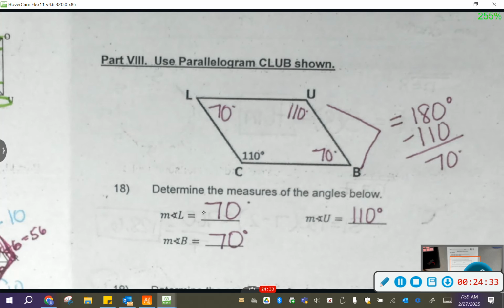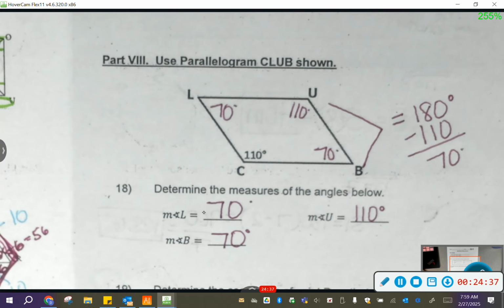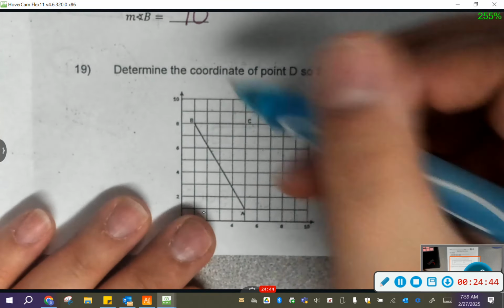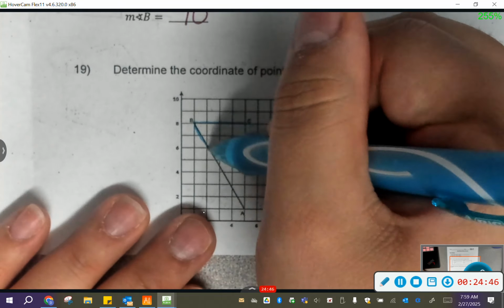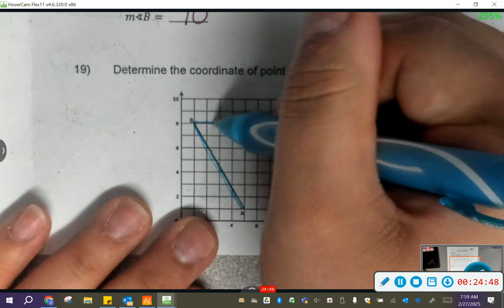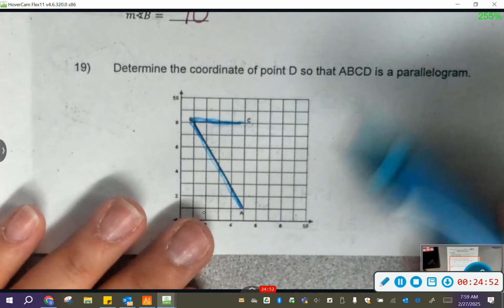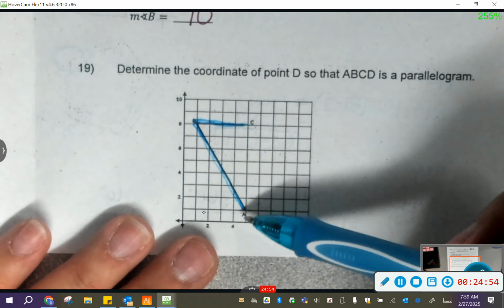All right, last problem, and then we are done, is how do I draw a parallelogram here? Rise over run. It gives us A and B and C. We got to find D, and I can just do rise over run here.